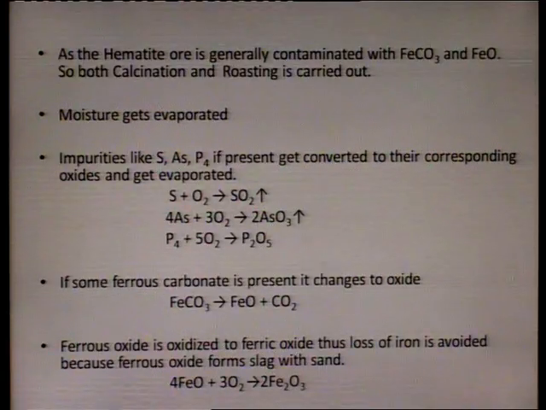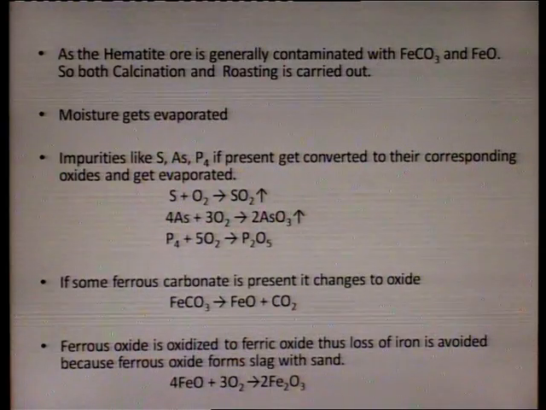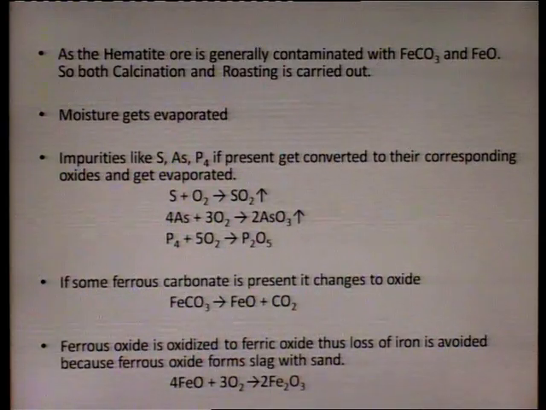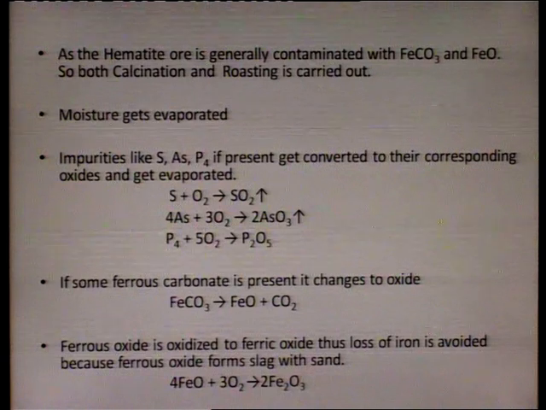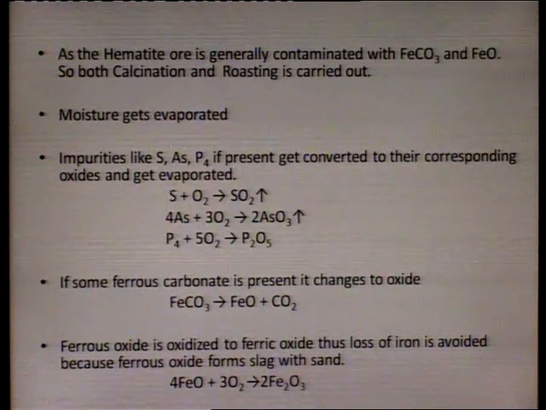Calcination is heating the ore in the absence of air, and roasting is the process of heating the ore in the presence of air. As both steps are carried out in the case of hematite ore, during these processes three things will take place.